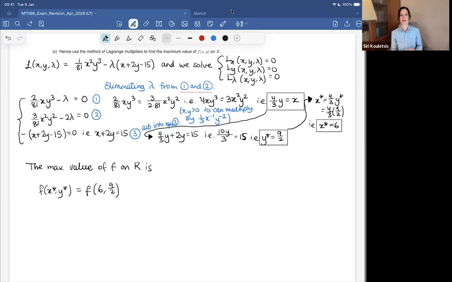Plug in the values of x star and y star. And the expression of F is 1 over 81 x squared y cubed. And then just going to work that out.